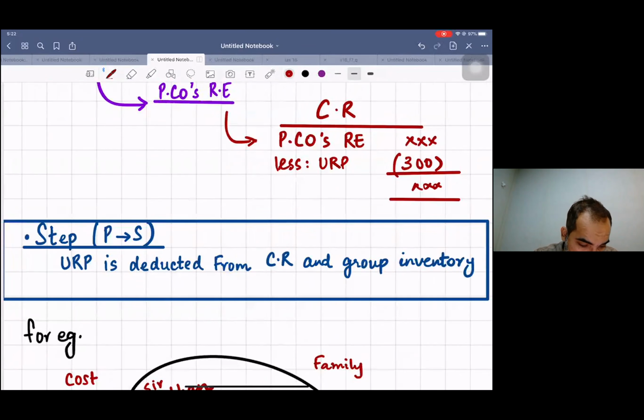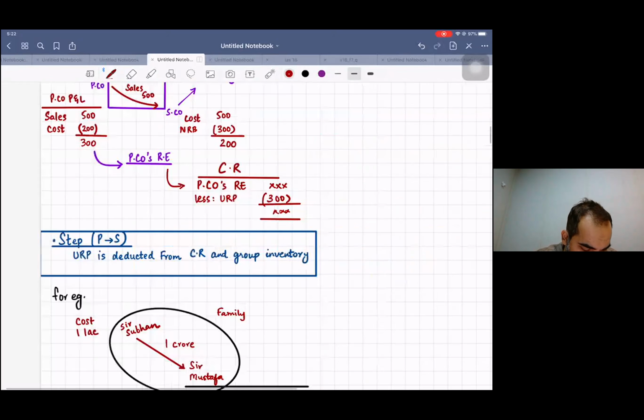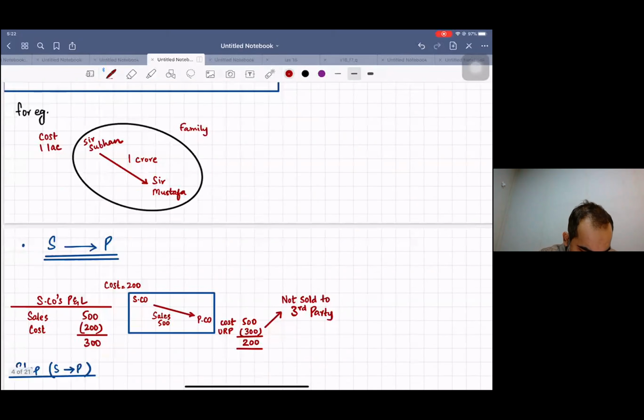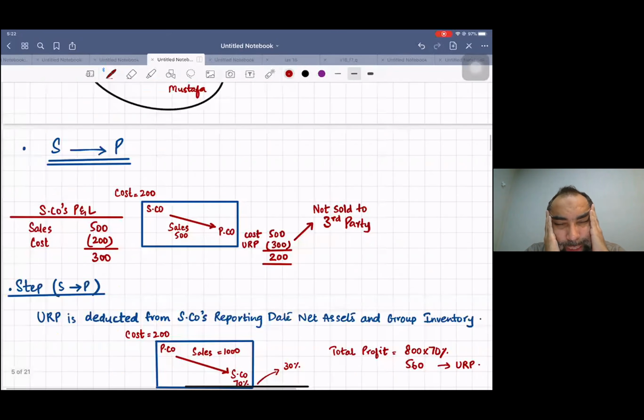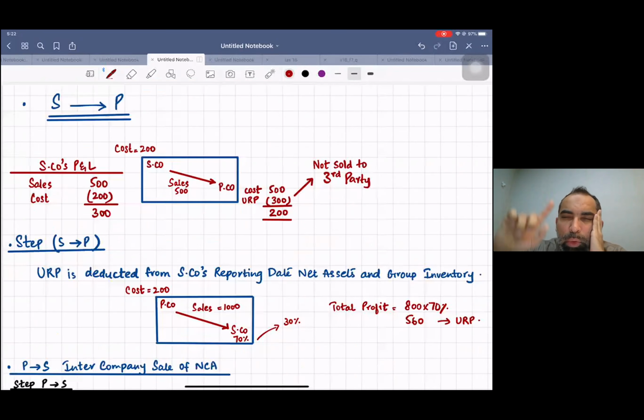Now, for S to P sale, if S company has sold goods to P company and P company has not sold the goods outside the group by year end, then the unrealized profit is booked by S company. So URP is included in S company's profits, and obviously in S company's post retained earning.